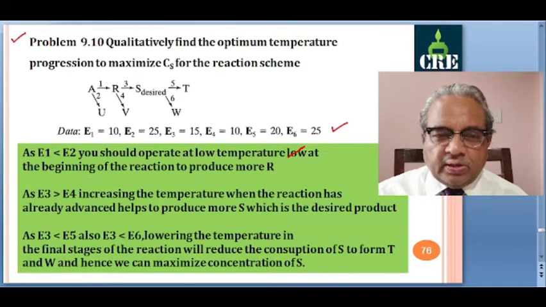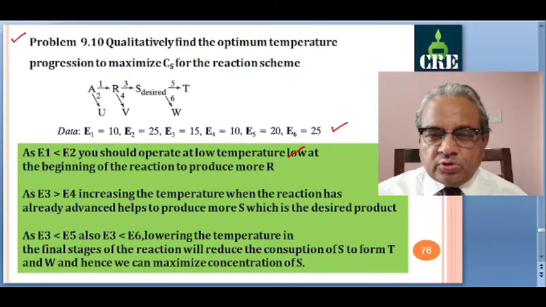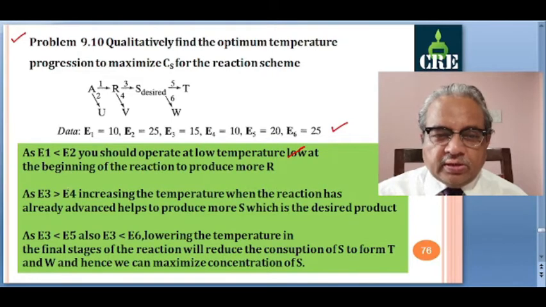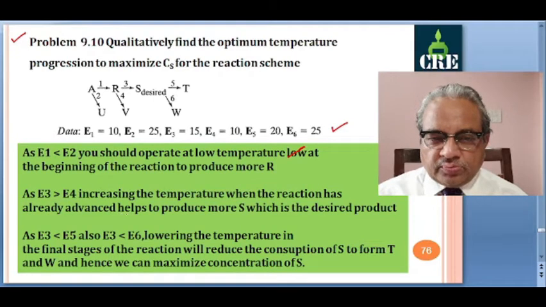So to favor the formation of R, we have to operate at low temperatures, at low temperature at the beginning of the reaction to produce more R. Then when we compare E3 and E4, E3 is greater than E4. So increasing temperature will favor it. So we have to increase the temperature when the reaction has already advanced and we have got sufficient R produced.